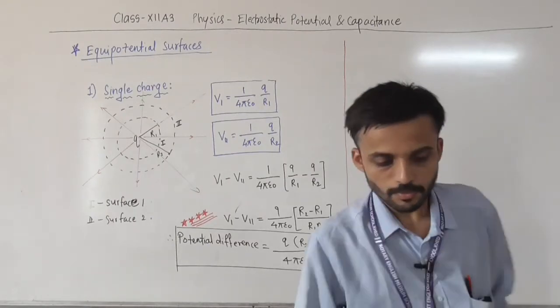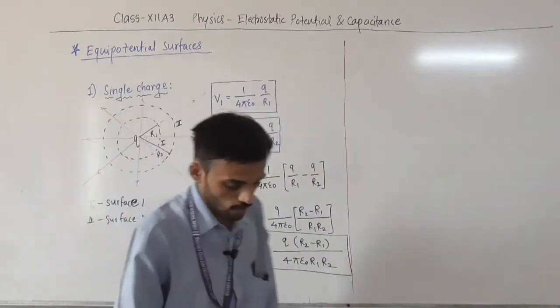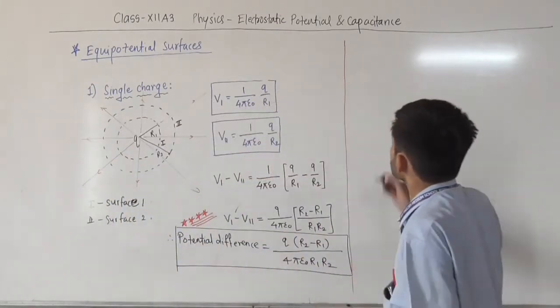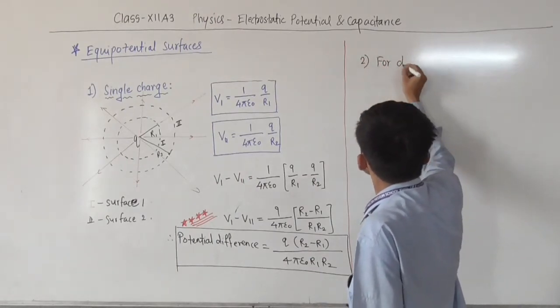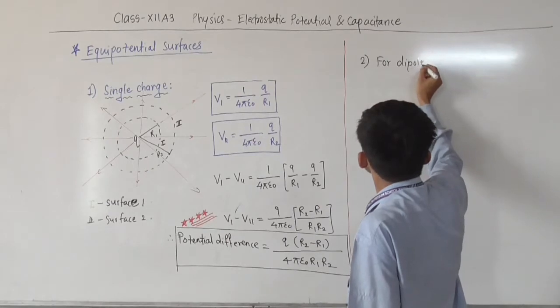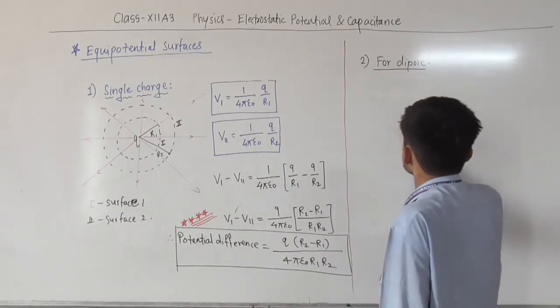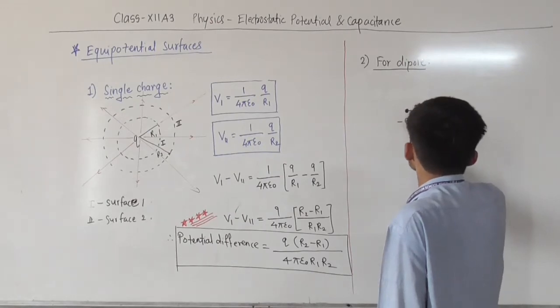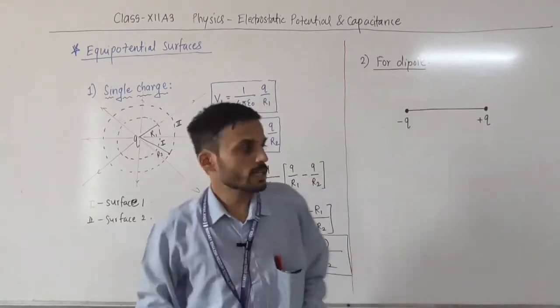Okay. Now we will go for equipotential surface for dipole. So first of all, let us draw a dipole. Dipole will be made up of minus q, क्योंकि उसको दो चार्ज है, इंडिविजुअल एक चार्ज नहीं है, ये प्लस q. Correct.